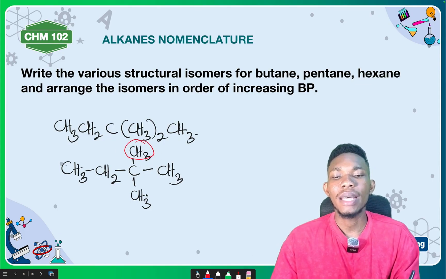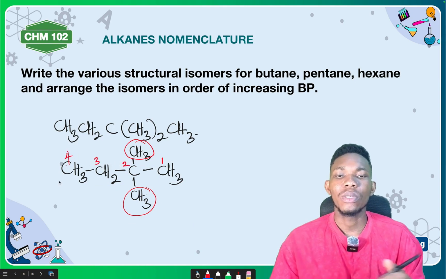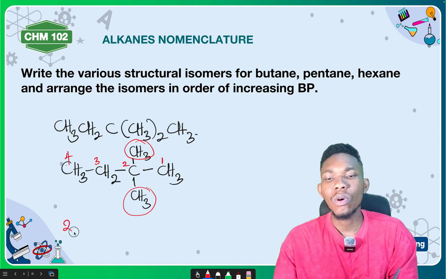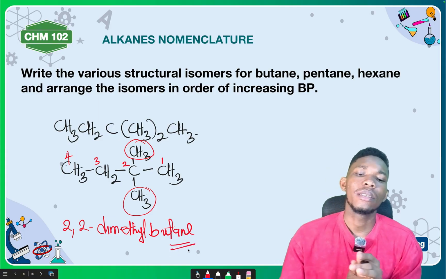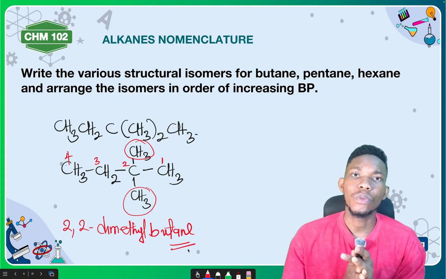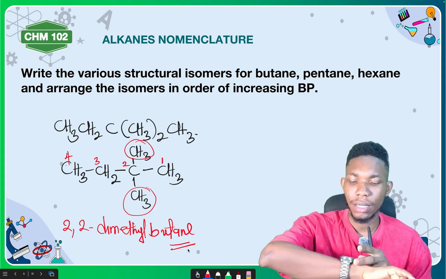These are the substituents, methyl, methyl. So here will be number 1, here will be number 2, here will be number 3, here will be number 4. Is that okay? So here becomes 2, 2 dimethyl, and then you have 4 carbons, which makes it to be what? Butane.